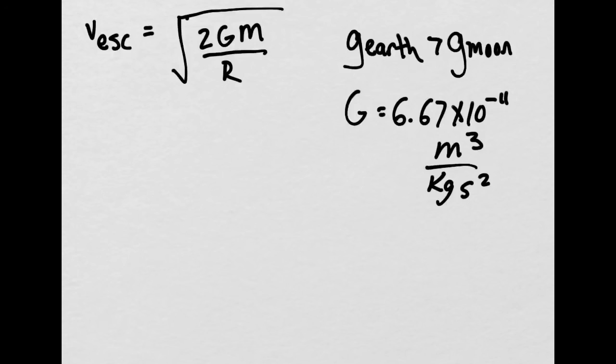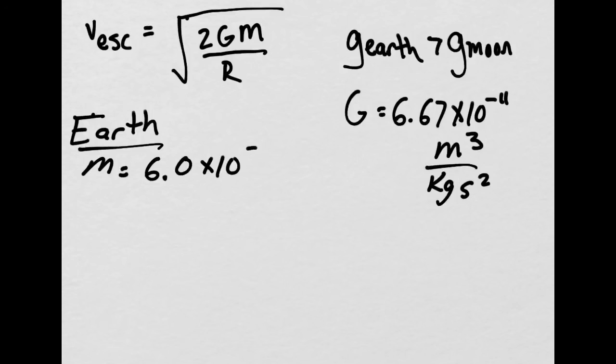So let's start with Earth. It has a mass of 6.0 times 10 to the 24 kilograms, and it has a radius of 6.4 times 10 to the 6 meters.